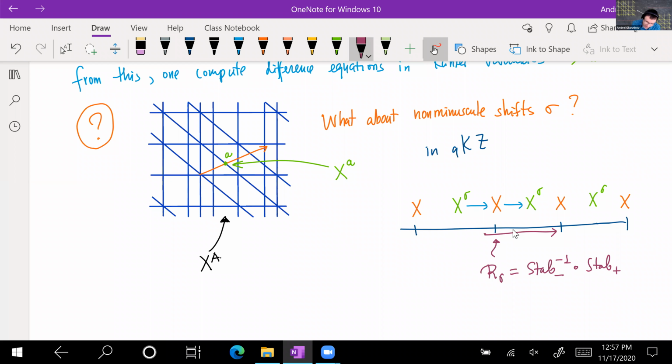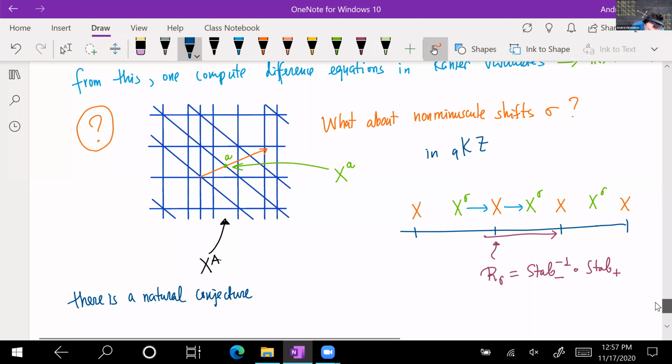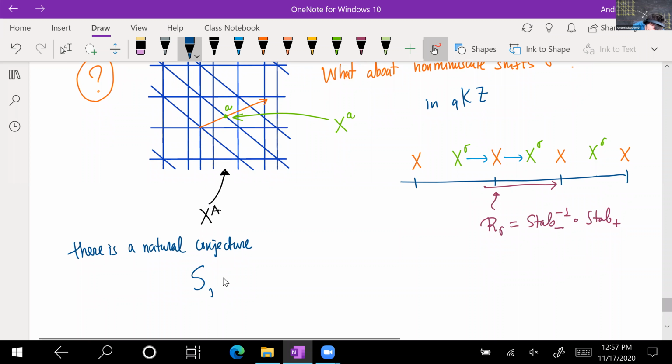That's the picture. And so then there's a natural conjecture that this S sigma is really always a product of R matrices, for all X, for all X^A.